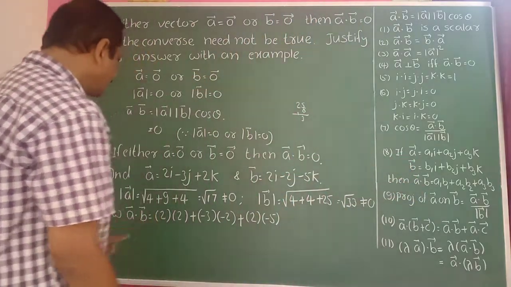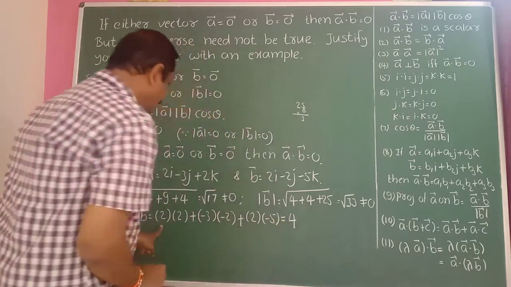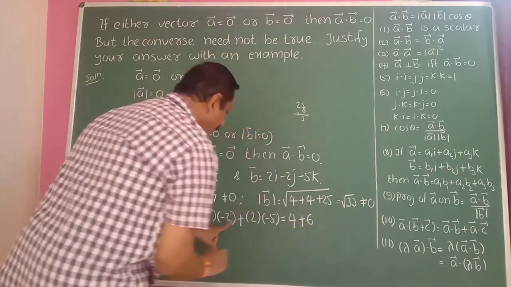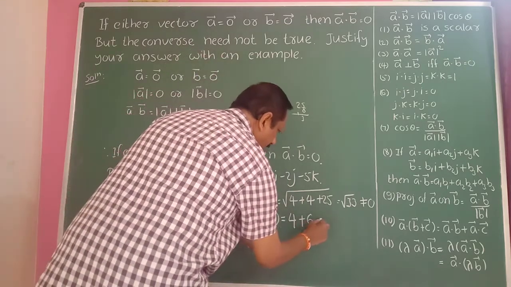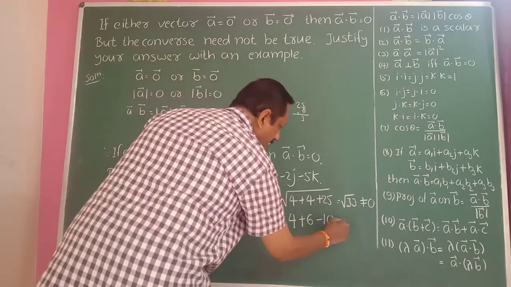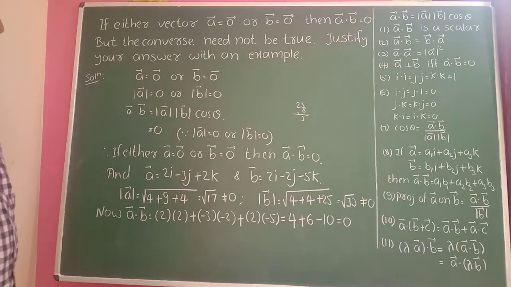Now simplify. 2 2s are 4. Then 3 2s are 6, minus minus plus. And 5 2s are 10, with a minus, so minus 10. Then 6 plus 4 is 10, minus 10 becomes 0. So a bar dot b bar is 0.